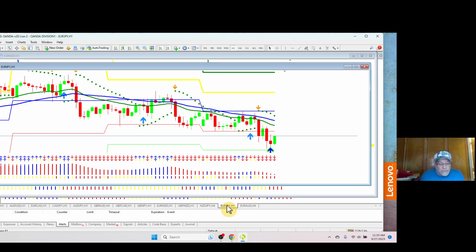I've already had one loser, $8. Almost the cost of a Big Mac. So I don't think that's going to destroy anybody's livelihood. Hopefully it's going to continue going up because Europe is closed now, so we could have a run up.